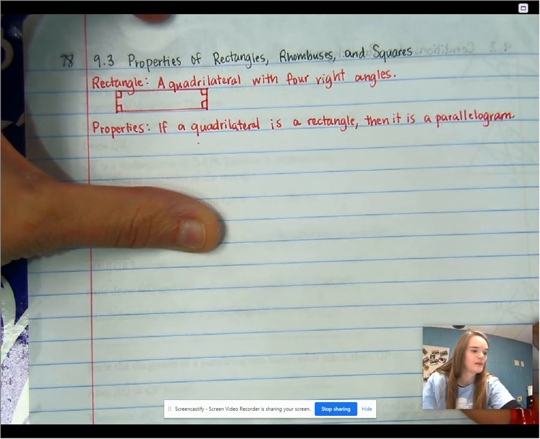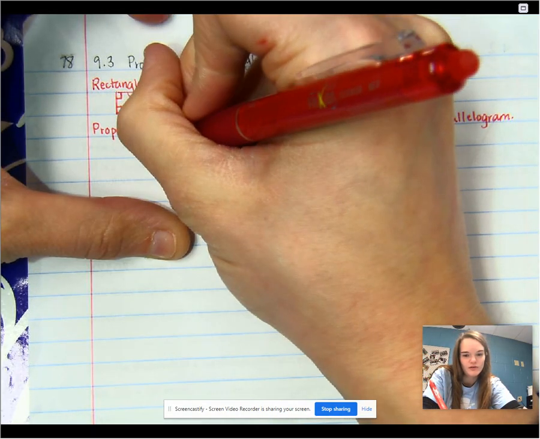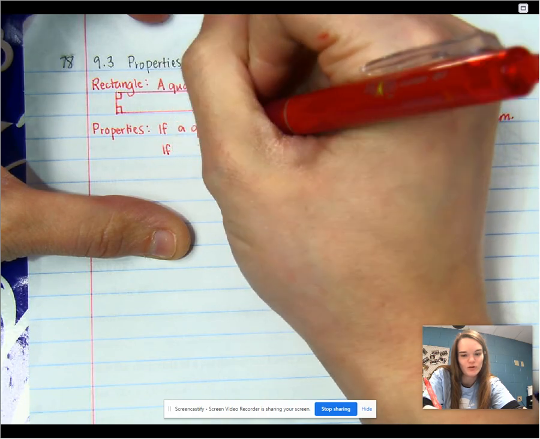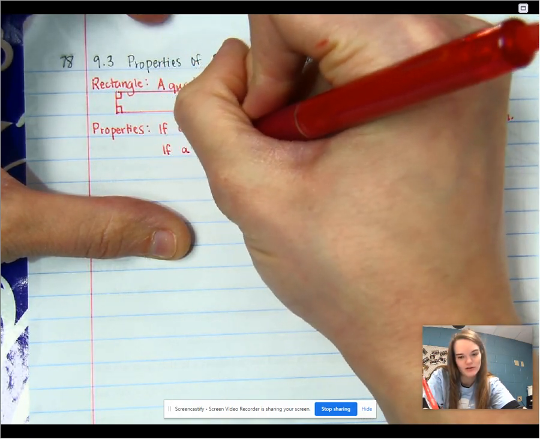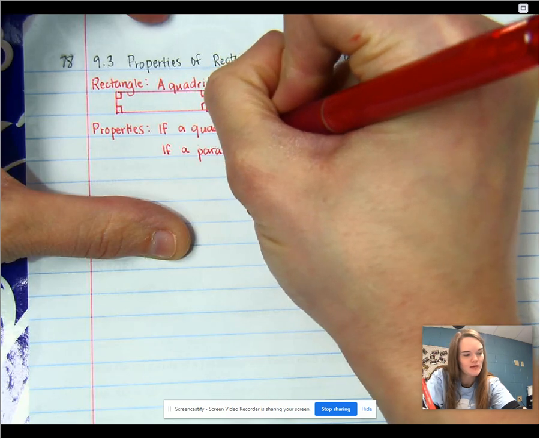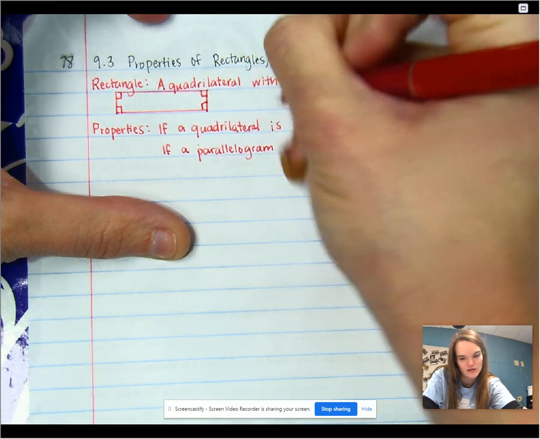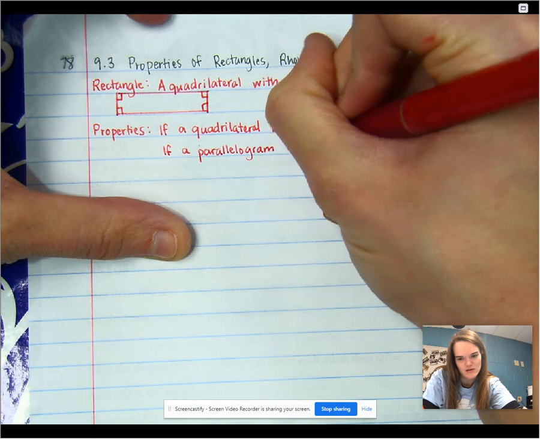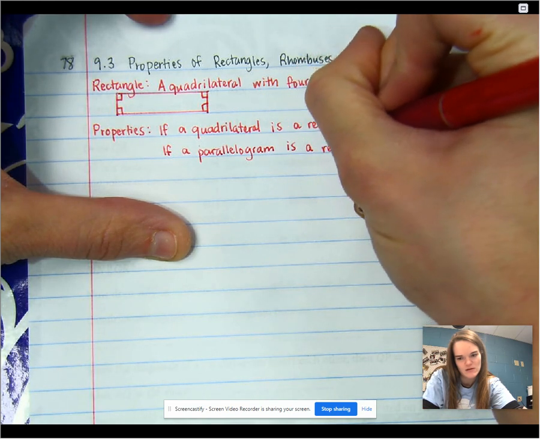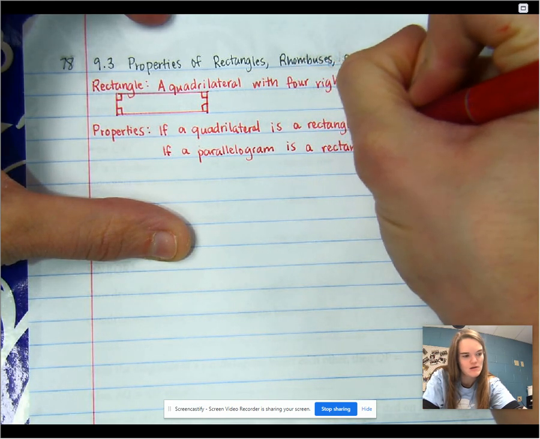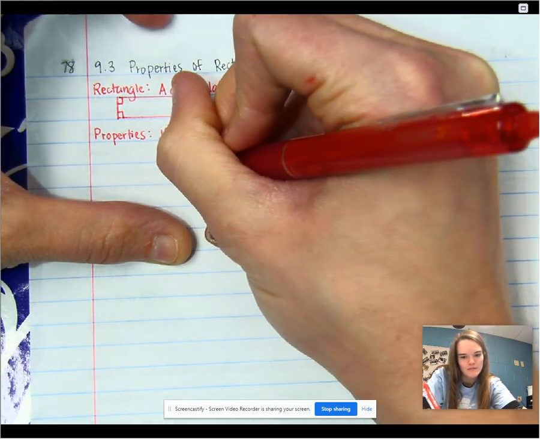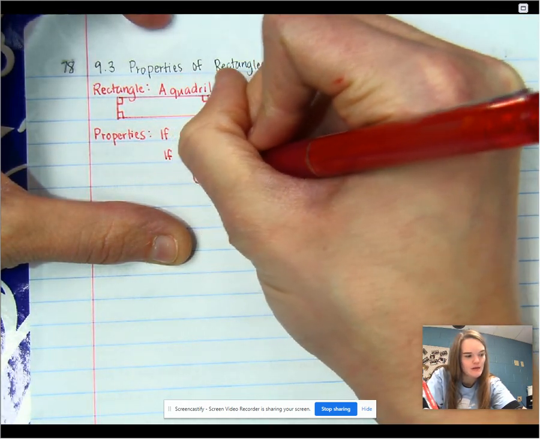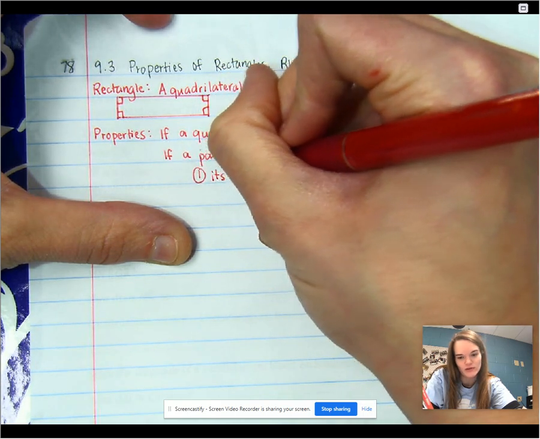Okay. Also, something that is special to a rectangle but not necessarily a parallelogram. If a parallelogram is a rectangle, then its diagonals are congruent.